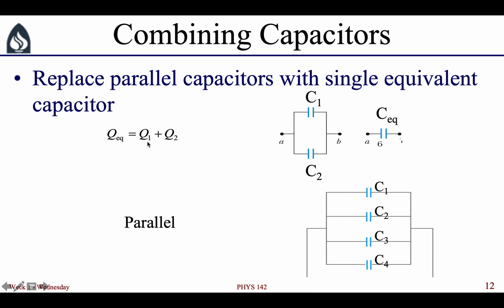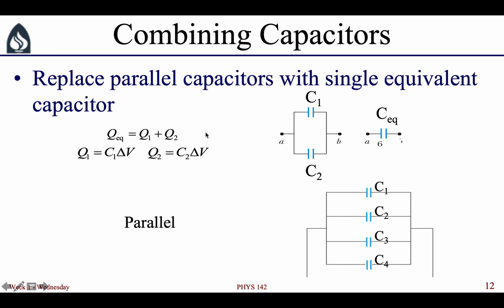So we can say that Q1 plus Q2, the charge stored on capacitor 1 plus the charge stored on capacitor 2, needs to be stored on the equivalent capacitor, because it has to be equal to the sum of the charges stored on the individual capacitors.